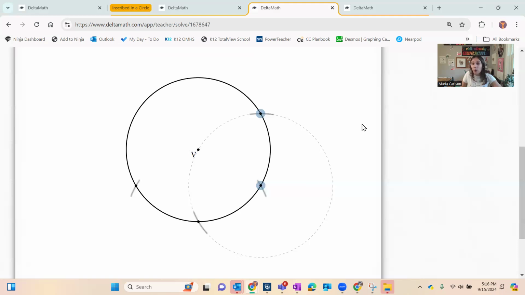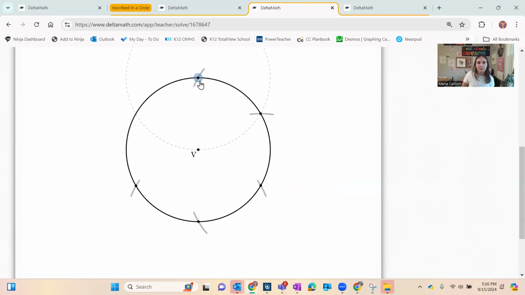So now I have 4 of the intersection points, 4 of the vertices, and then I will move my compass once more. And now this time I only have to draw 1 segment. This will be my 5th vertex. And then keeping the compass the same radius. If you change the compass's radius at any point, you're going to be wrong.